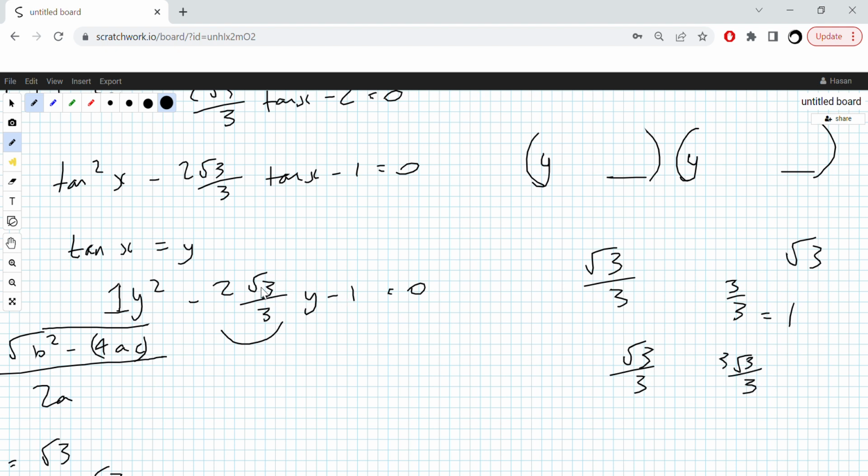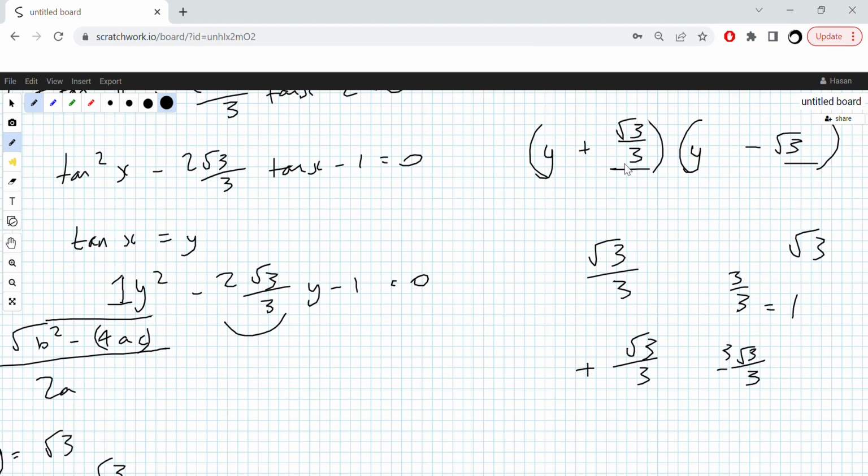To get to minus 2 root 3 over 3, we would make this minus and this plus, as minus 3 root 3 over 3 plus root 3 over 3 would give you this. So we would put this as minus and this as plus.